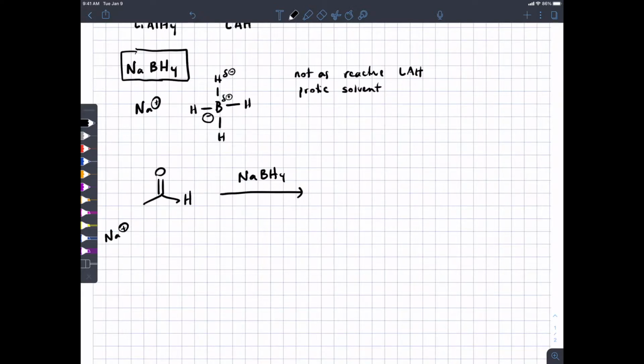There's evidence that sometimes the counter ion plays an important role, but we're going to ignore that. It won't matter for this class. I'm going to write out sodium borohydride like this. I'm just drawing one of the boron-hydrogen bonds because we're only going to need one to do the chemistry.